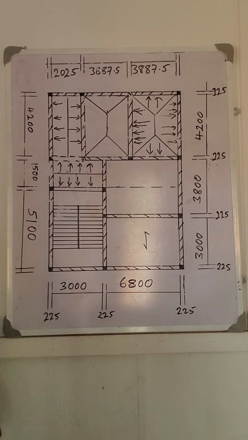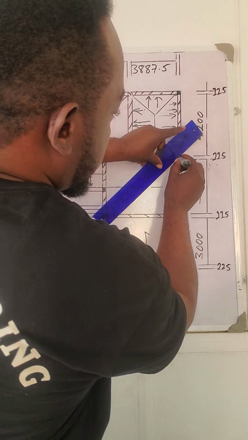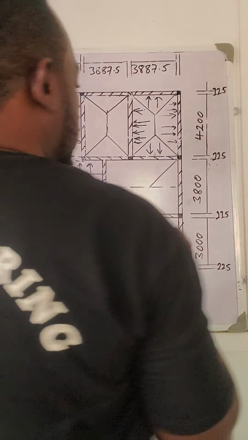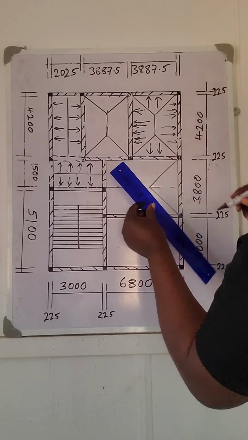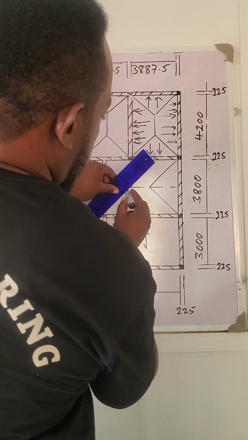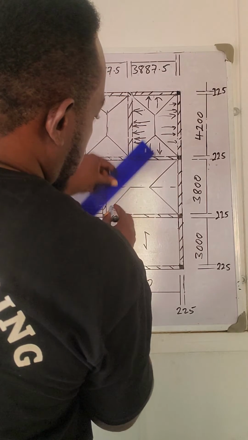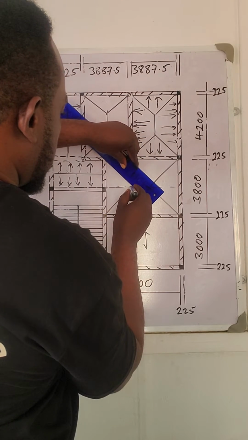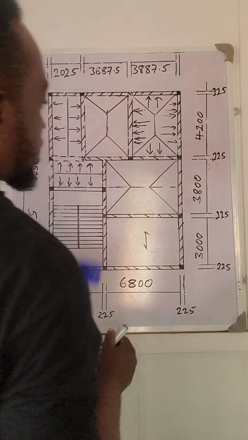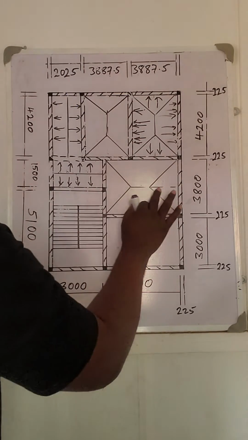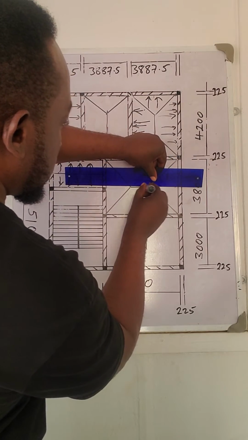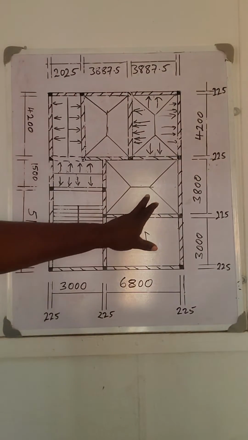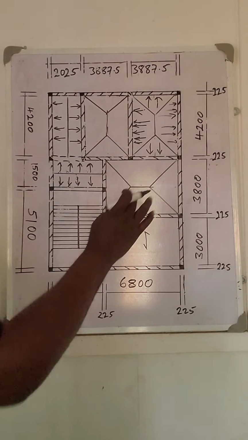So this one like this, like this, like this, and like this. Join this up. This is how this will distribute the trapezoidal shape.